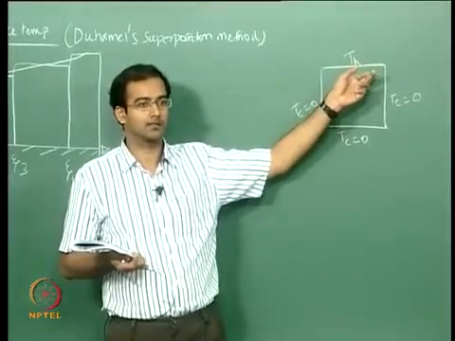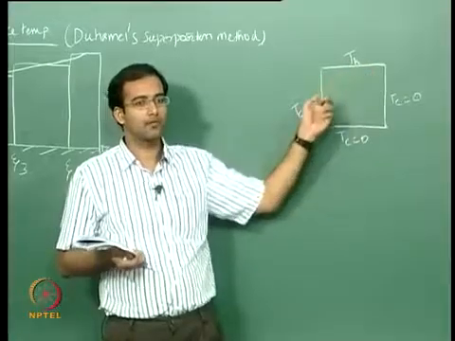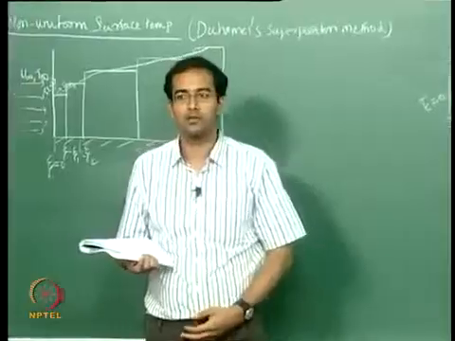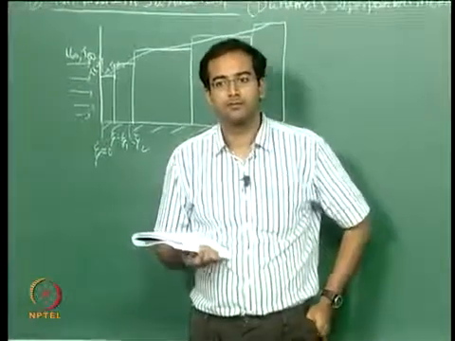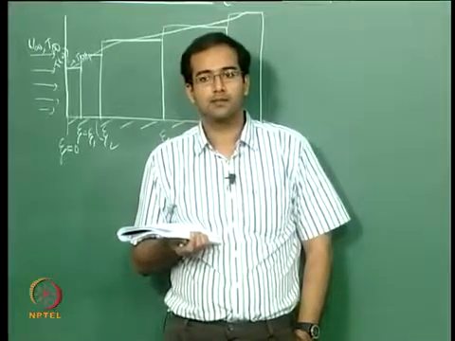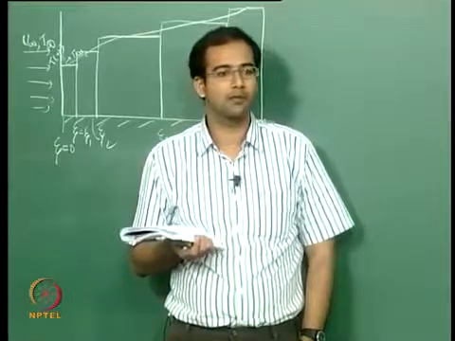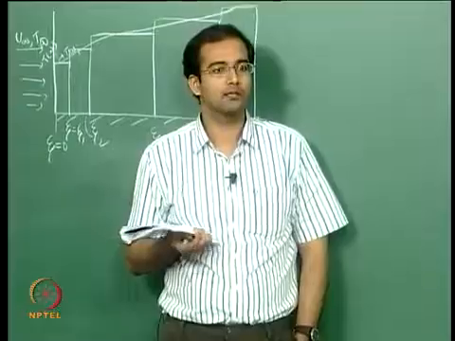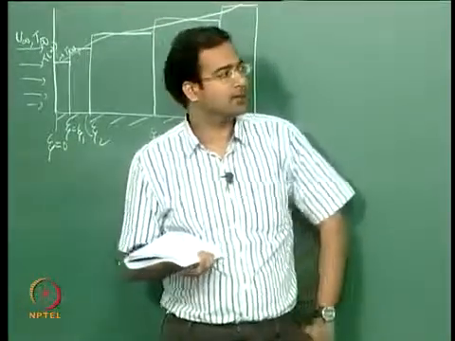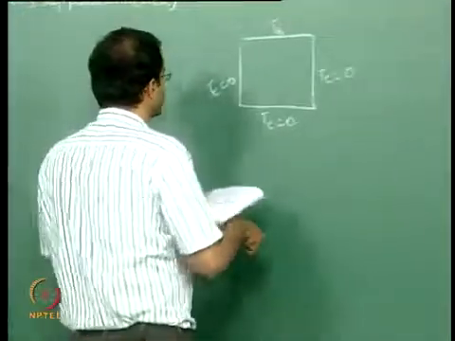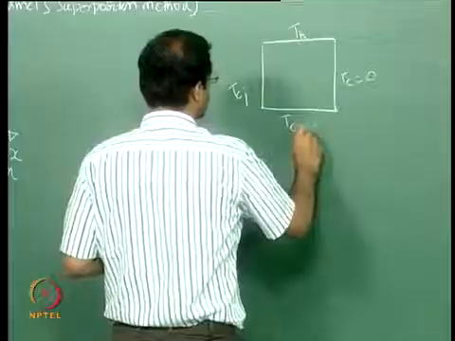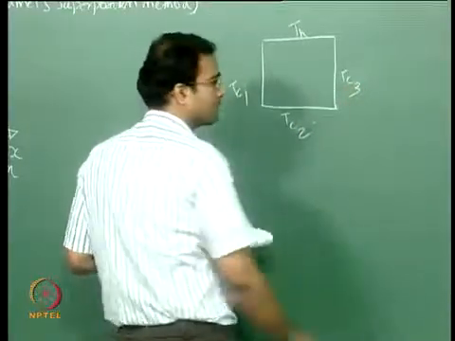But if you have non-homogeneous boundary conditions on all the 4 sides, how do you solve this problem? You can still solve it by separation of variables, but you need eigenvalue problems. For eigenvalue problems you need homogeneous boundary conditions in a particular direction. So suppose these were non-zero, something like TC1, TC2 and TC3, which were not 0.